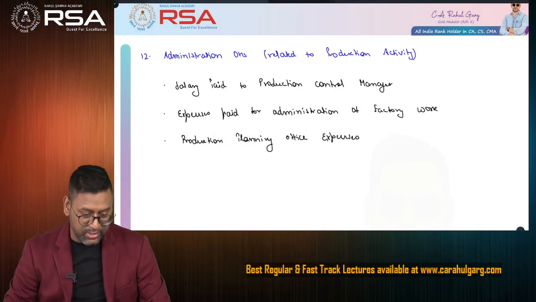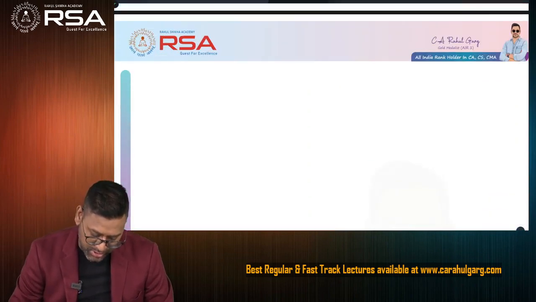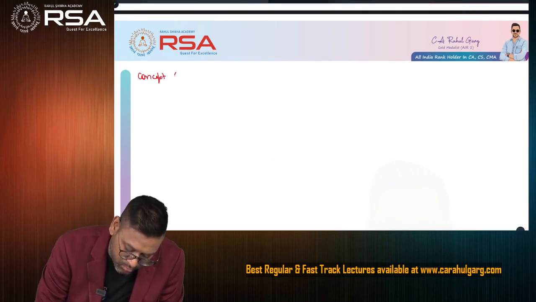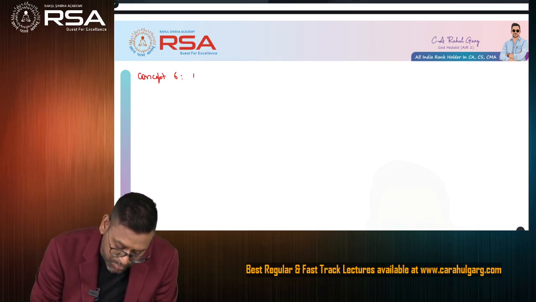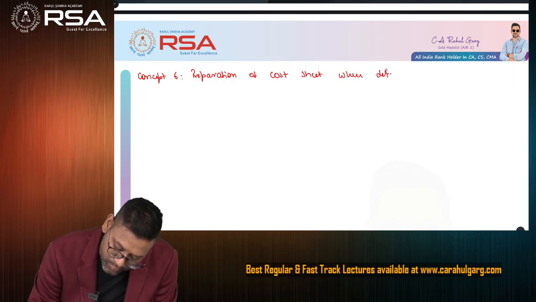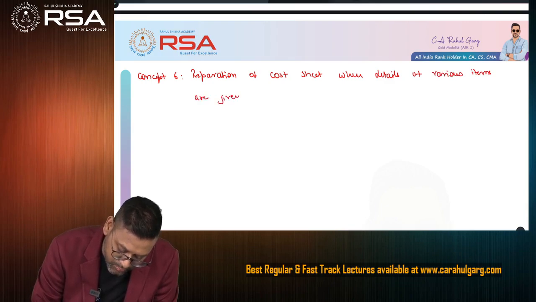Okay. So we go to the questions of such type now where the details of various items will be given. Let us write down concept number 6: preparation of cost sheet when details of various items are given.